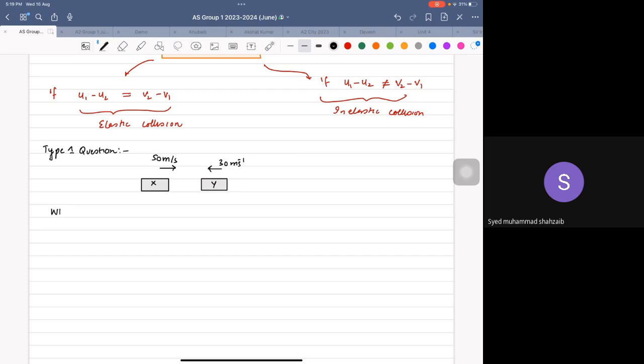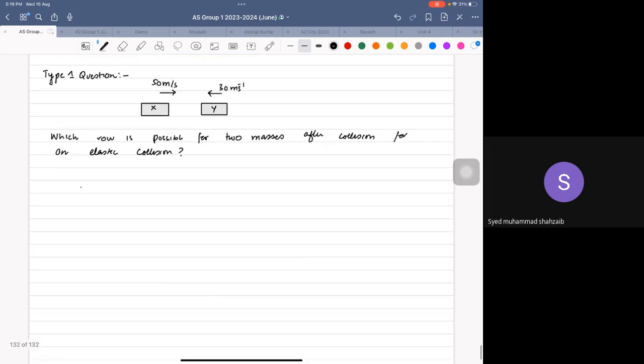Now, they would simply ask you which row is possible for the two masses after collision for an elastic collision. This is one of those MCQs.